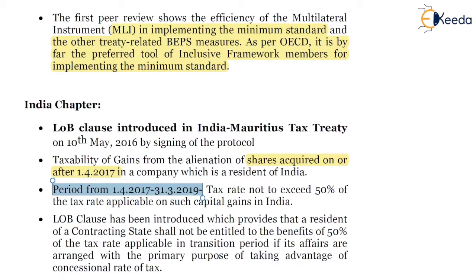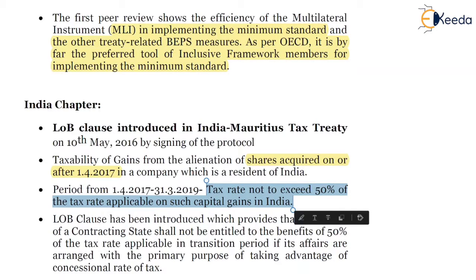Two financial year periods, 1st of April 17 to 31st of March 2019. Tax rate not to exceed 15%, not to exceed 50% of the tax rate applicable on such capital gains in India. So for two previous years, there was certain limitation of benefits.